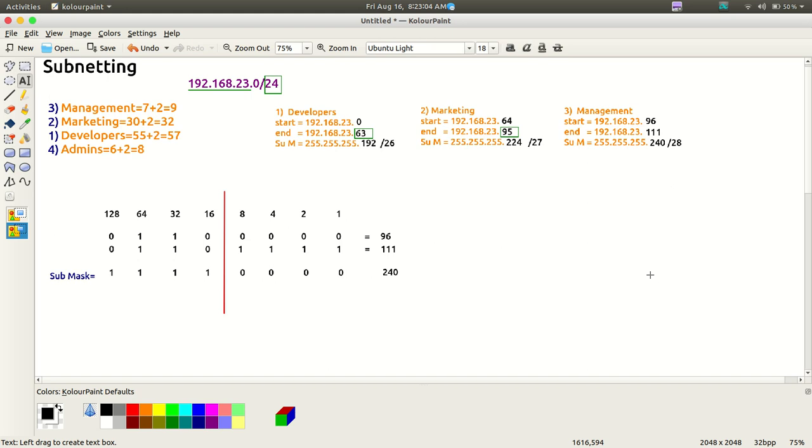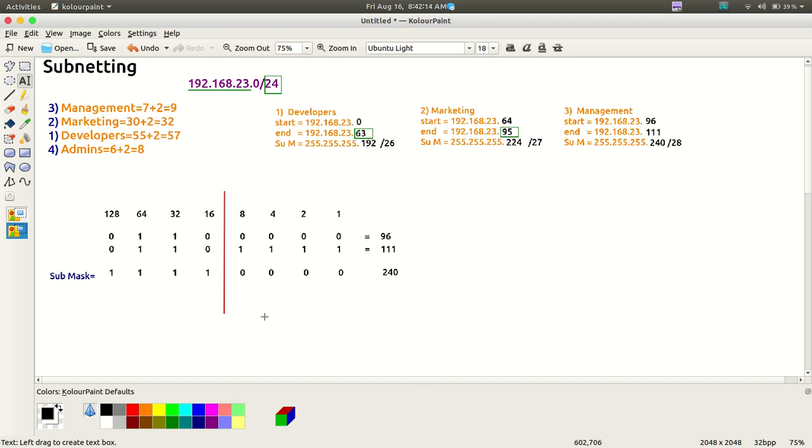See and try if you can calculate the admins department. Try it. I'm not showing you the admins department. You all have done this and the calculation is completely based on this.